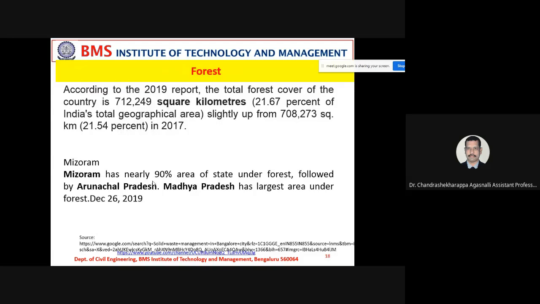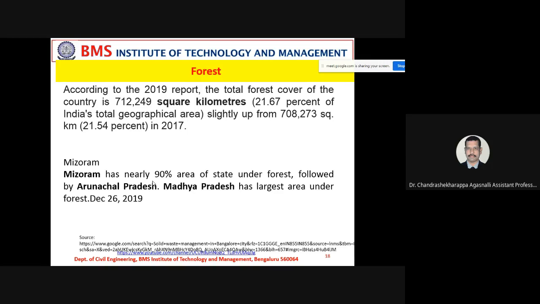We also did forest cover. What is the forest and how much area does it cover in India? According to the 2019 report, the total forest cover of the country is 7,12,000 square kilometers. In 2017, it was 7,08,273 square kilometers.